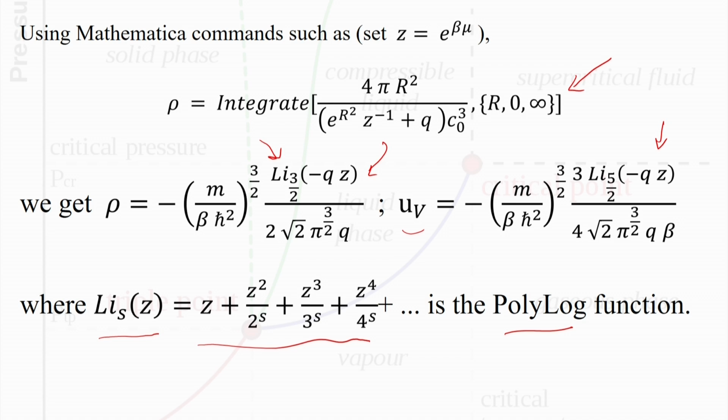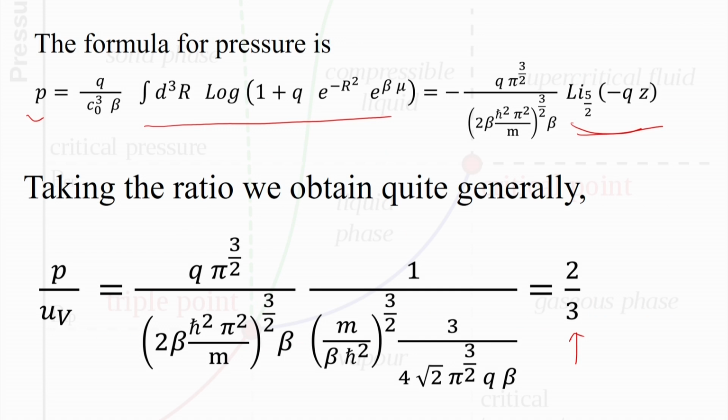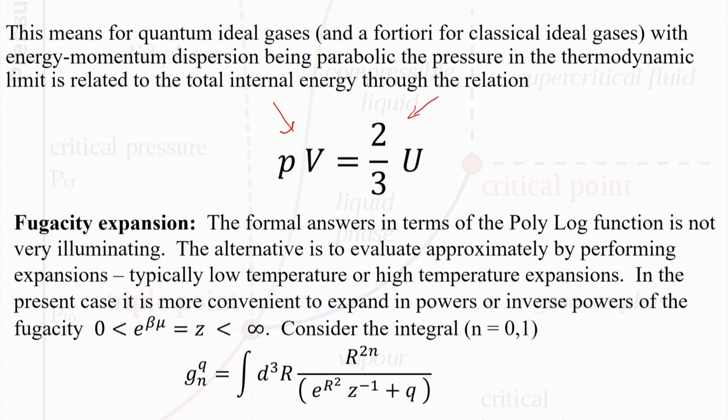In order to gain physical insight, I really have to make sure that I do not use these functions that I do not know how to deal with. So, it is better if I expand in terms of a certain parameter that I choose to regard as being small, and then expand in powers of that and see how things behave as a function of that parameter.